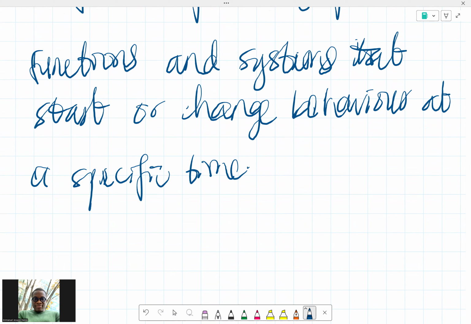This reminds me of a thermostat, which regulates temperature. When it gets to a particular threshold, it either switches off or switches on. So this is a very good example of that.